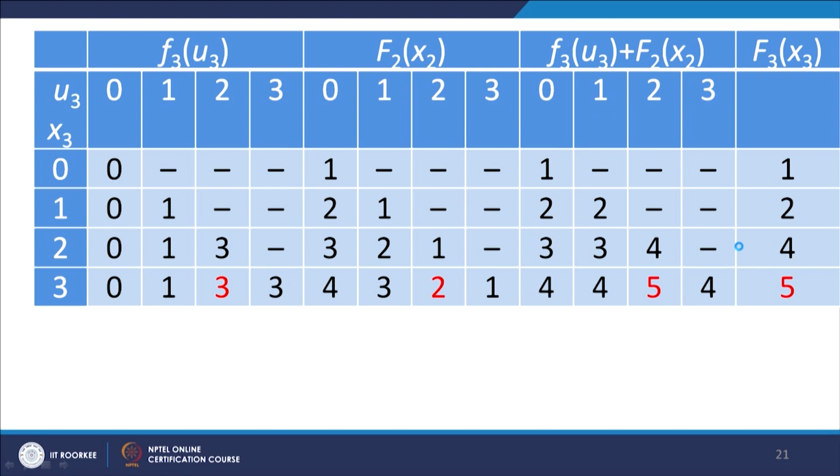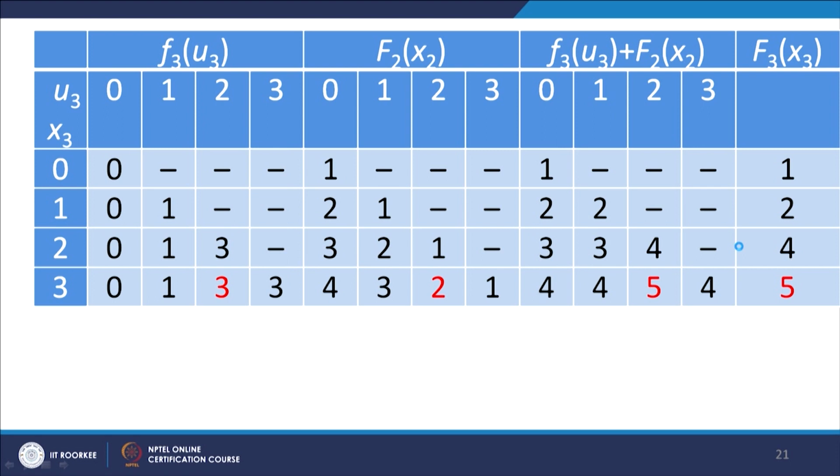Then coming to the next stage, that is f3(u3), exactly in the same manner f3(u3) is written in the first part of the table. In the second part of the table we have written capital F2(x2), then in the third part is their sum, and finally F3(x3) is written in the last.